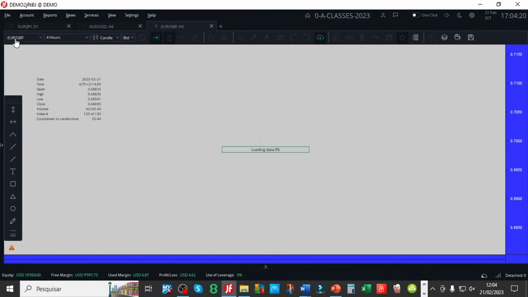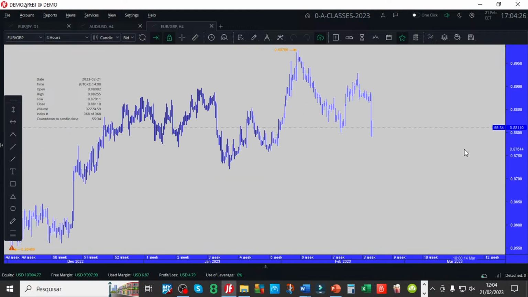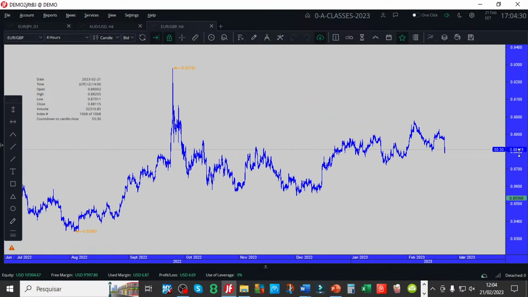Euro GBP 4-hour chart, everybody. There is no right or wrong. Type in the chat. Long, short, buy, sell, what pattern? Where is the stop loss? Where is the take profit?